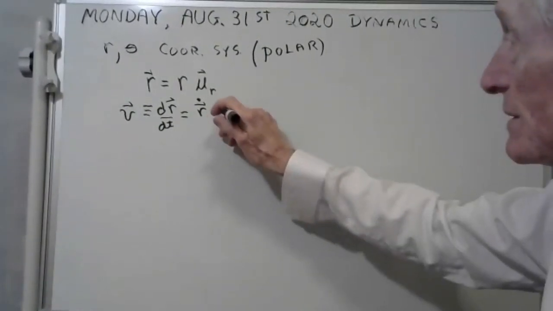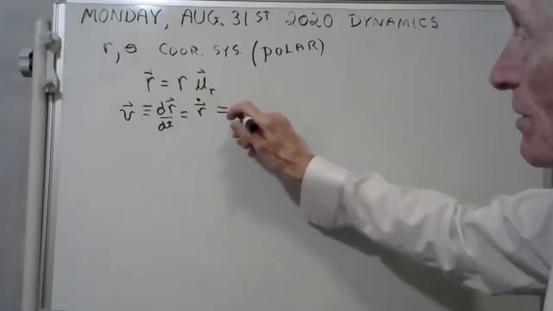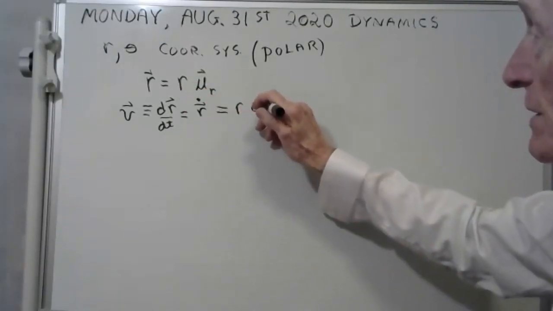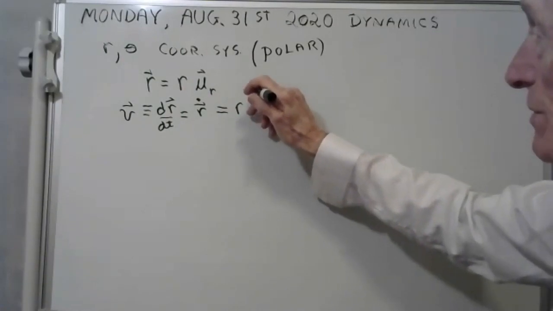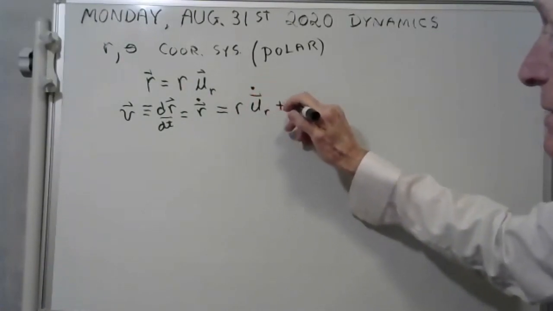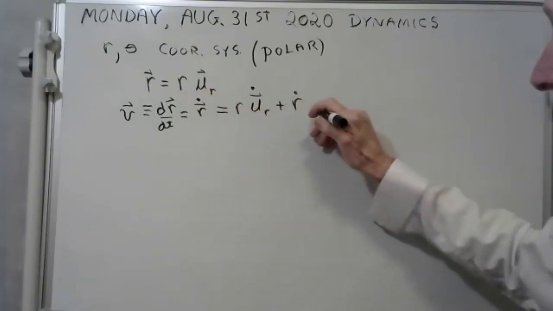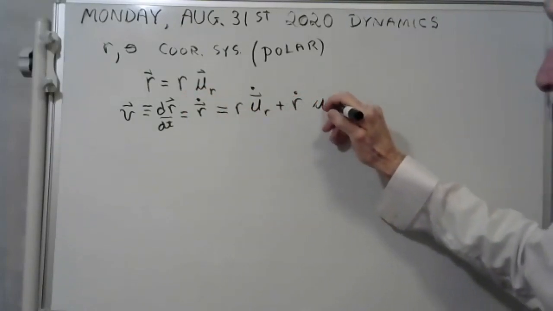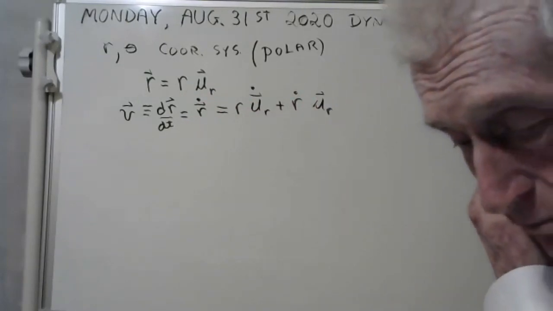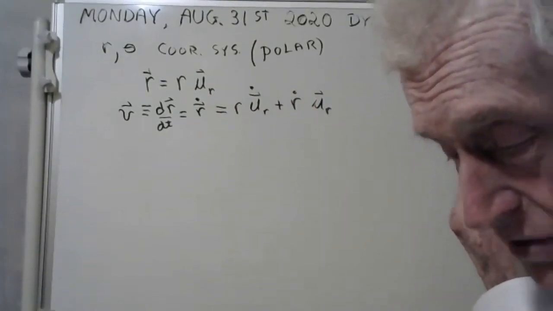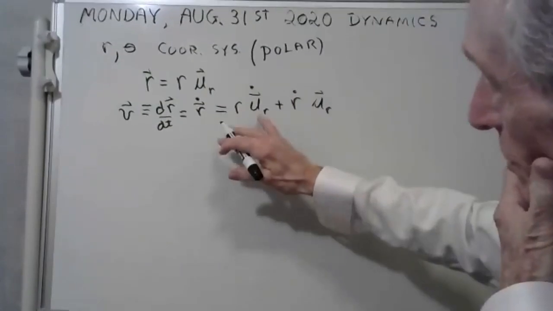You know how that goes. You go R times the derivative of that one plus the derivative of the first one times the second one. And by Jove, you're done. We have just done it. But now this is a little bit tricky.